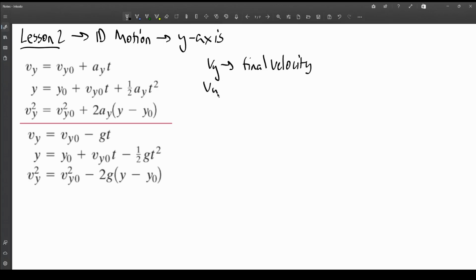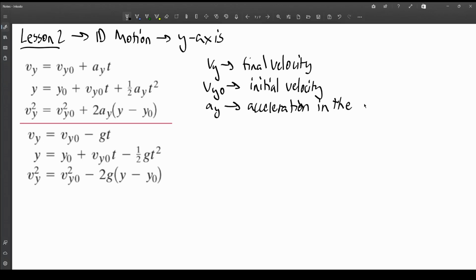Similarly, Vy naught is initial velocity. Ay is acceleration in the y direction.